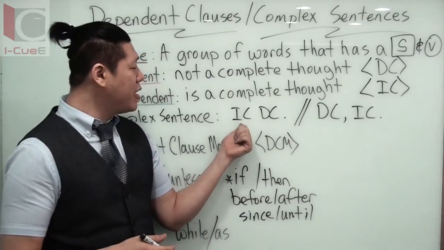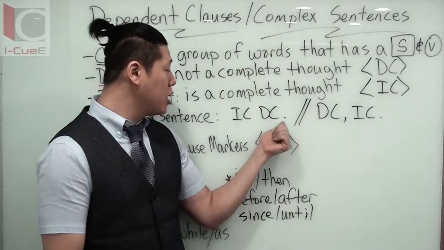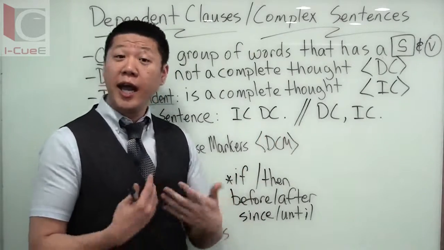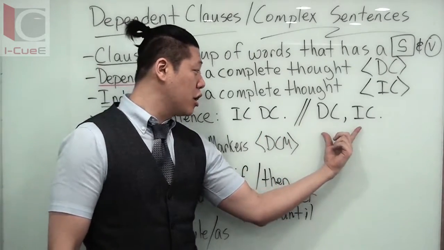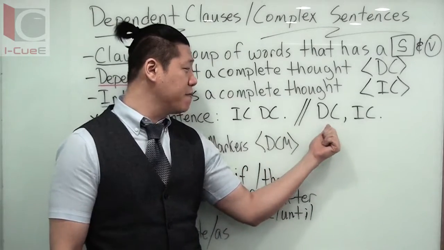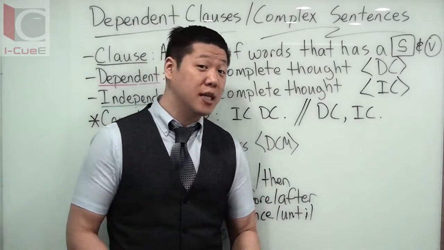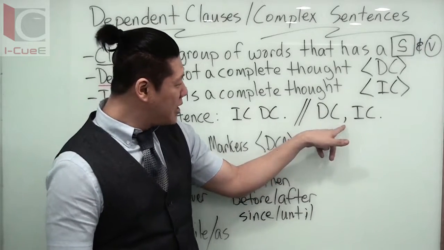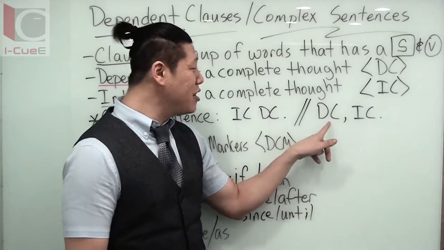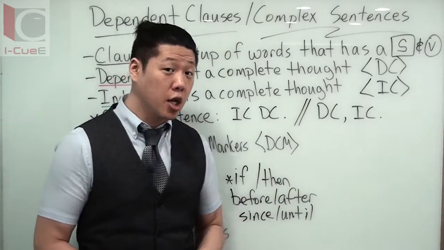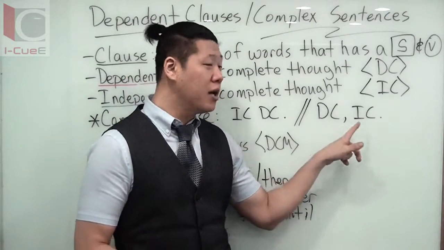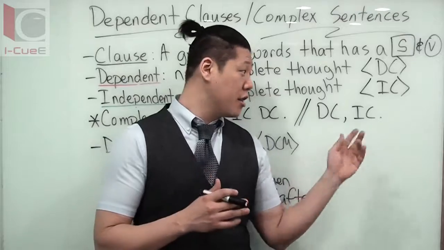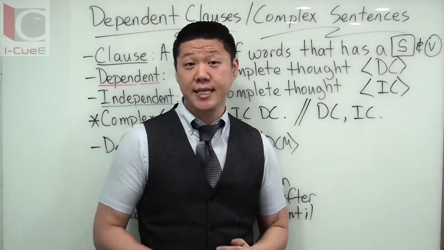If you have an independent clause and then a dependent clause, you can just put a period at the end and you're done. You can switch those. Instead of having IC DC, you can start with a dependent clause, but you need this. It's very important. This little tiny mark, it's called a comma. You need this if you start with a dependent clause. So it's got to be DC, comma, IC if you're going to make this version of a complex sentence.